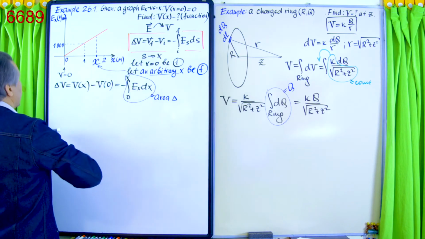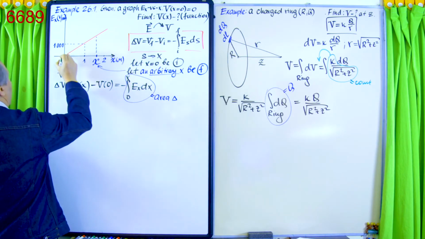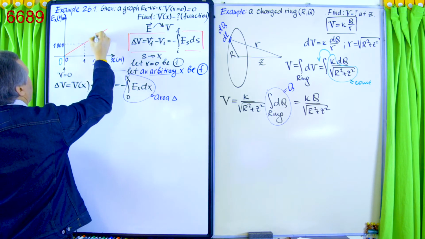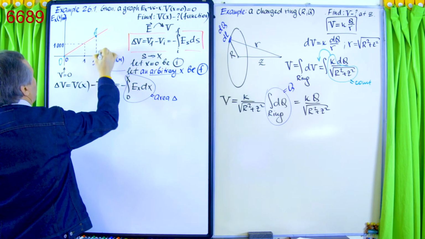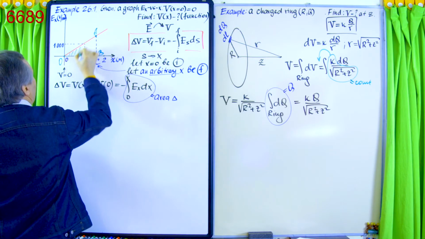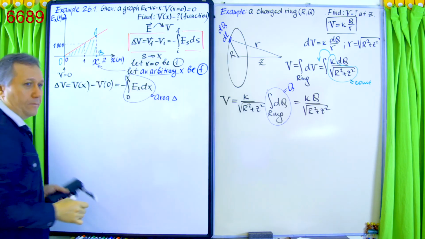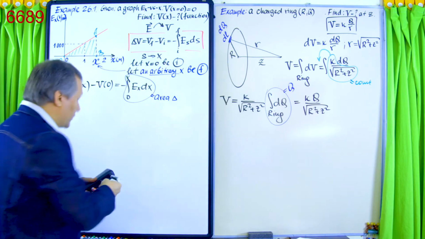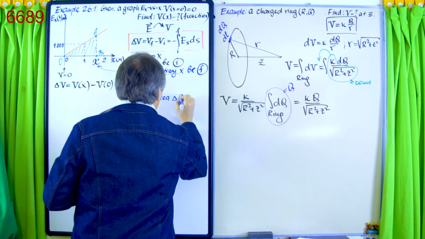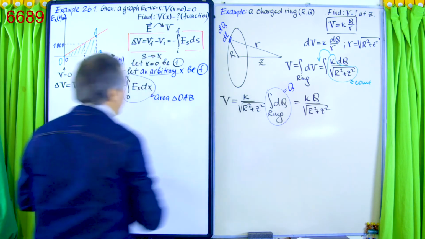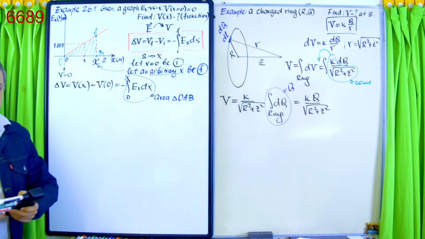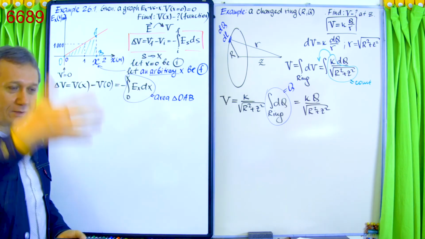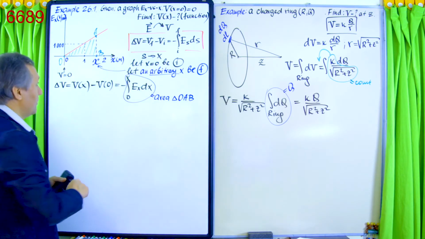Let me label this triangle like this: point O, point A, and point B. It's the area under the curve, the area of that triangle OAB, right? So finding the area of a triangle, yeah, 1 over 2 times height times the base, right?